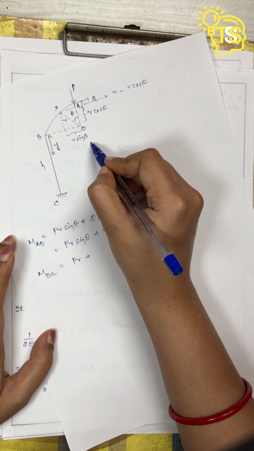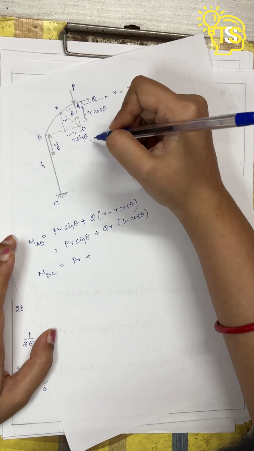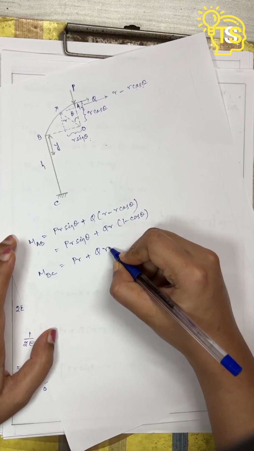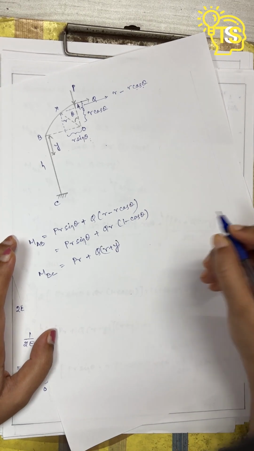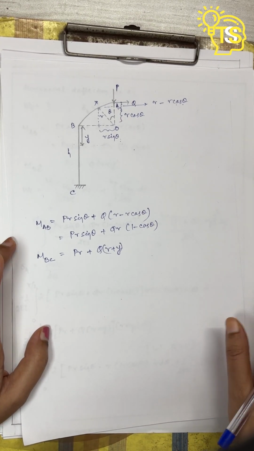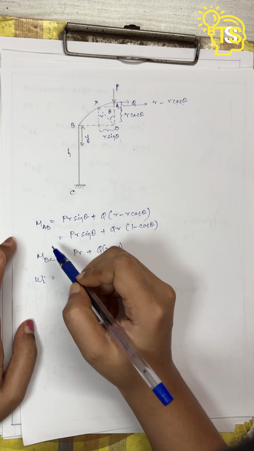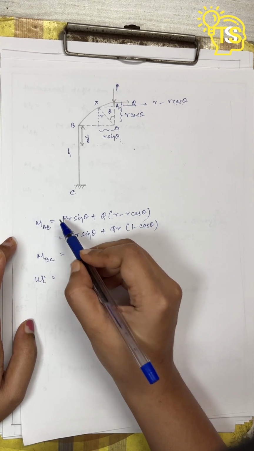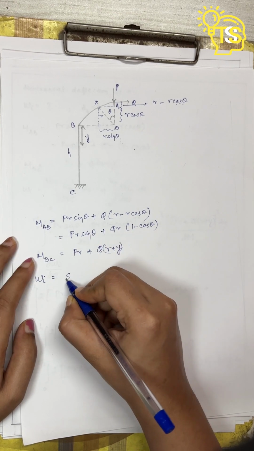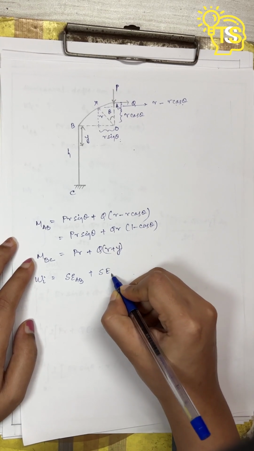This much will be the effective length, Q (r plus y). Now let's calculate the strain energy. The strain energy will be the summation of strain energy at AB plus strain energy at BC.